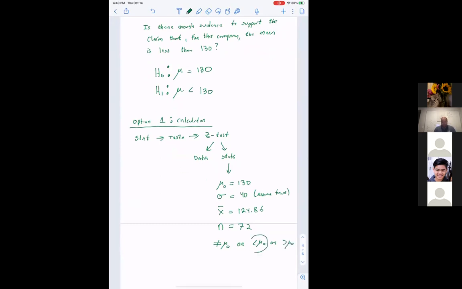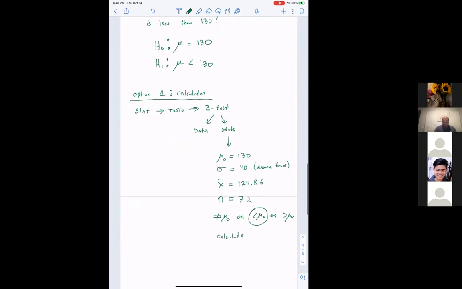It's a less than, right? So hit less than and then go down and calculate. And what do we get? There's two things it gives us. I'm going to explain both. It should give you Z and it should give you P.